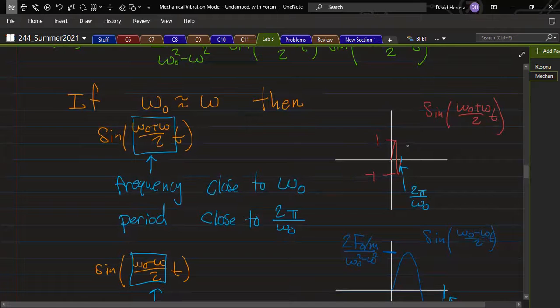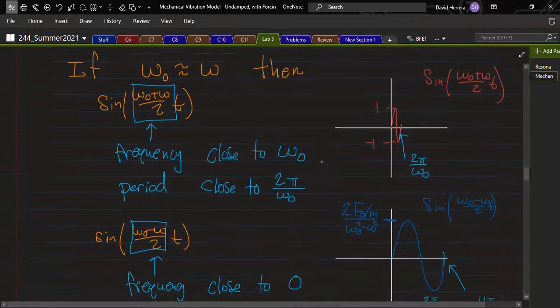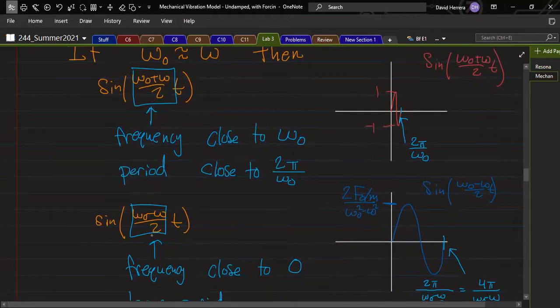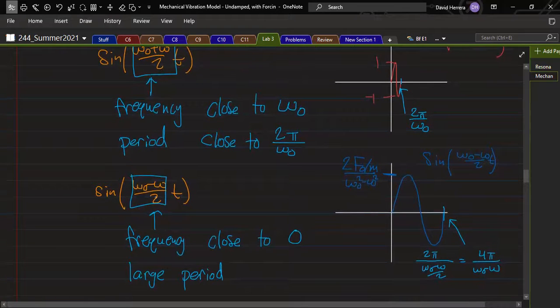Now what I'm imagining is that I have omega naught be rather fixed. So I'm going to think of it as a certain wave, and you can say it's kind of high. So you can see that these are kind of compressed in. It doesn't have to be, that's just how I'm viewing it in this picture. Now, when I have this difference divided by 2, if omega naught is close to omega, then their difference will be small.